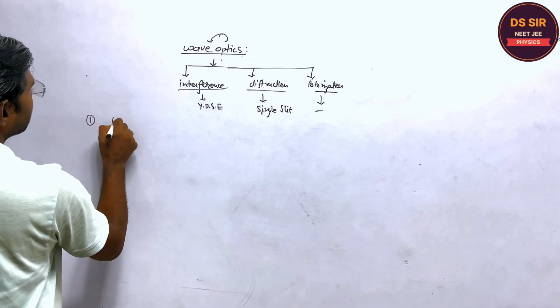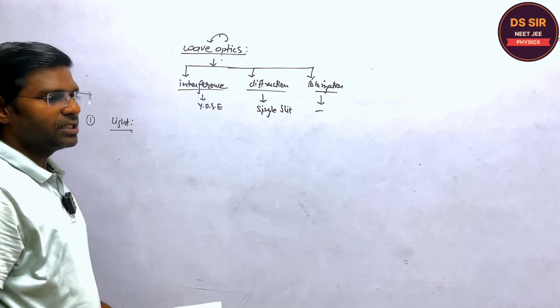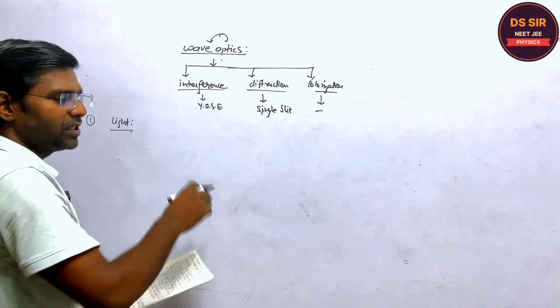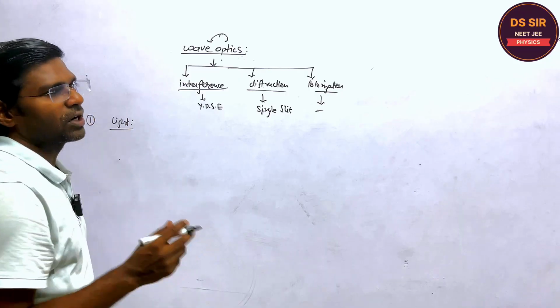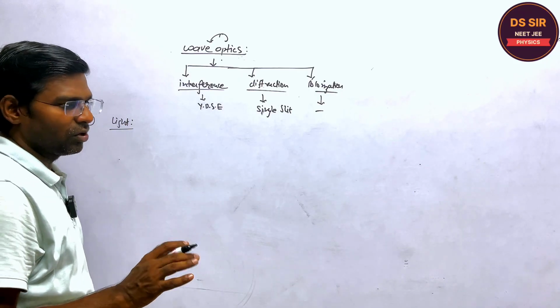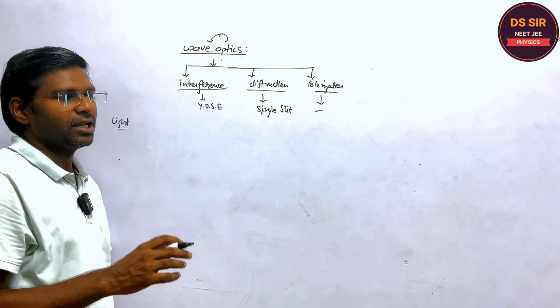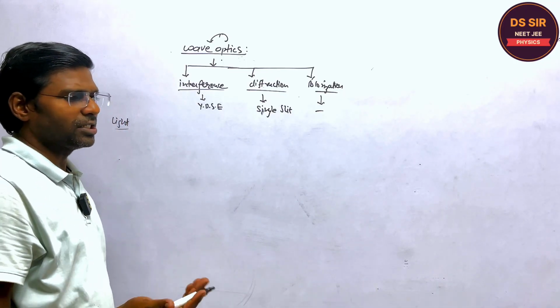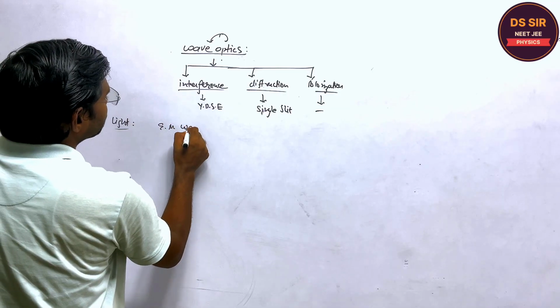So what is light? Light is the energy which moves from one point to another point in the form of electromagnetic wave. Is it clear or not? When light is incident on the retina, it produces the sensation. It is the definition of light. Light is an electromagnetic wave, right?